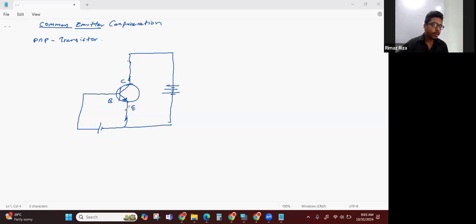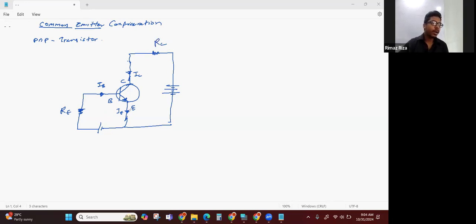So current is from this direction, so I can mark IE, and this direction IE. So here downward IC. Okay. So our battery terminal also pushes the current, and then we have to put resistors for the input RE, and for the output, the current for the IC is RC.